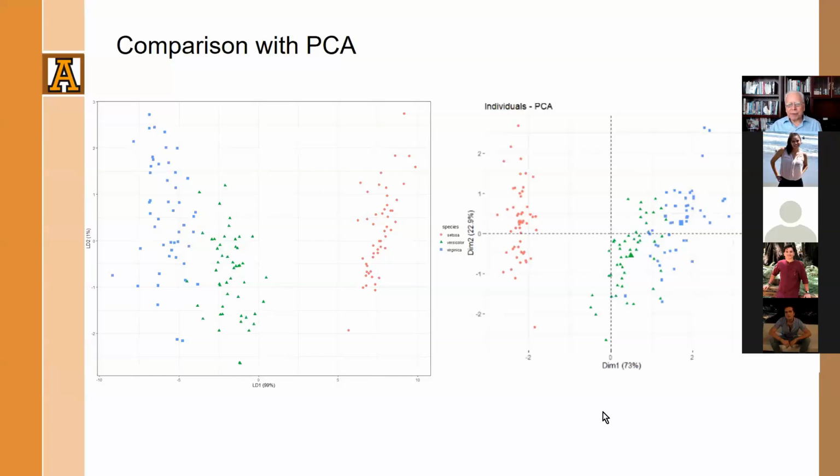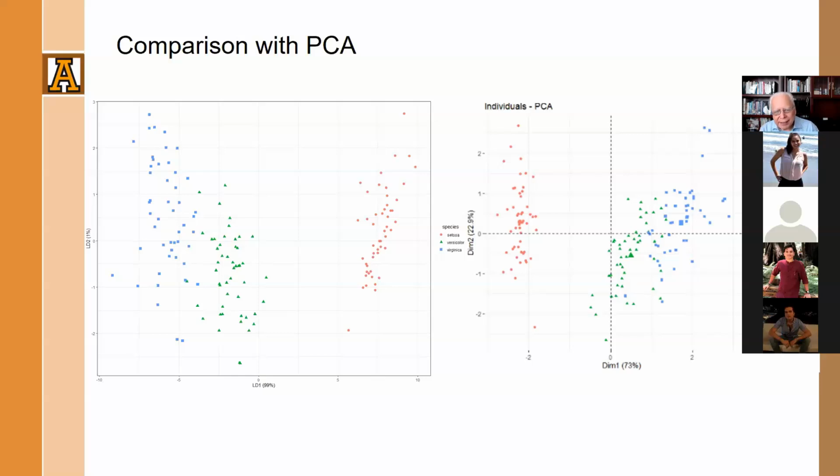Now there's a similarity with PCA. When we looked at principal component analysis, this is how the PCA plot looked for component number 1 and component number 2, distinguishing by setosa, versicolor, and virginica.